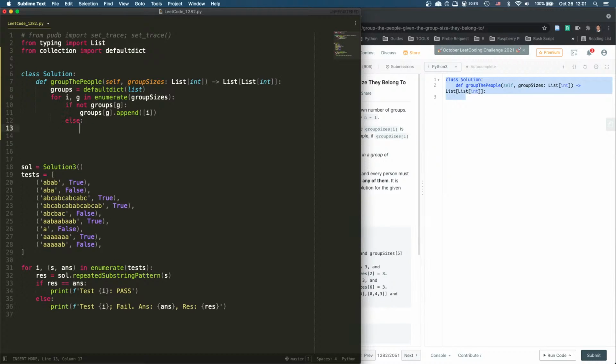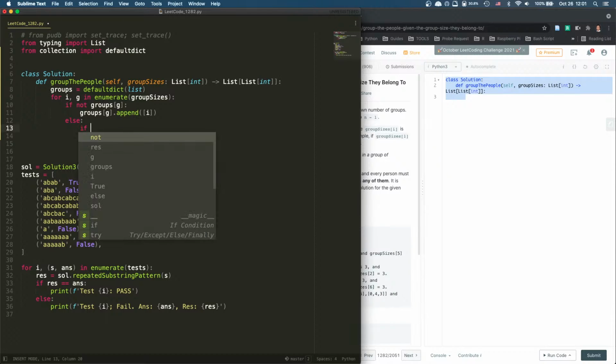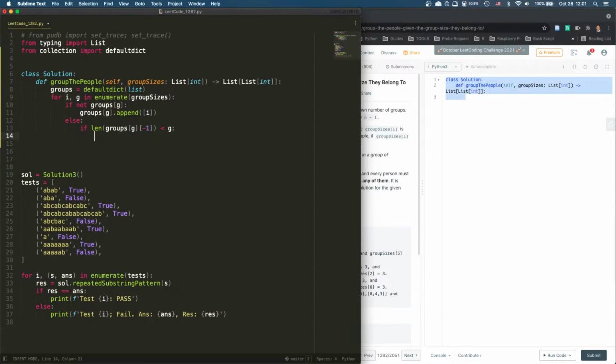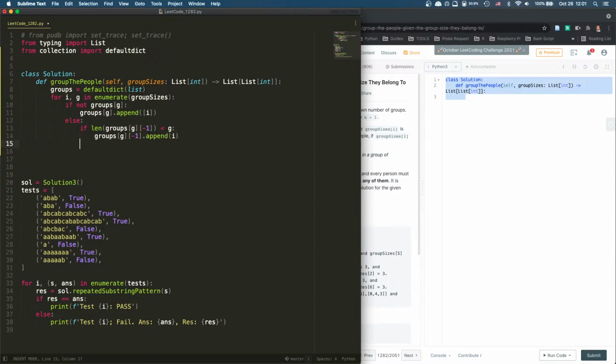Else, if group g has something in it, then we say if the length of groups[g][-1] is smaller than g, then we say groups[g][-1].append(i).